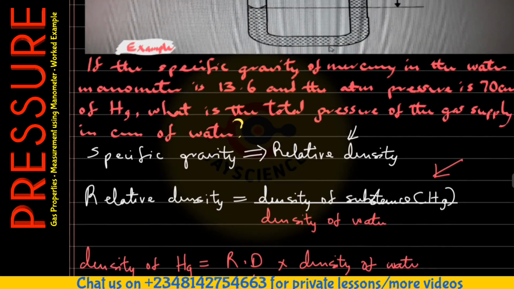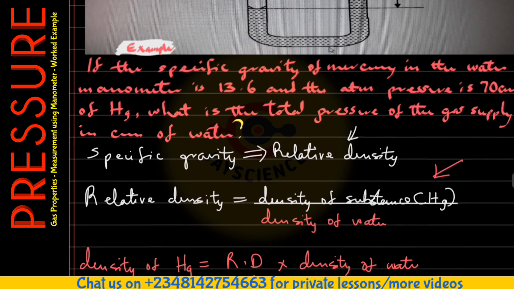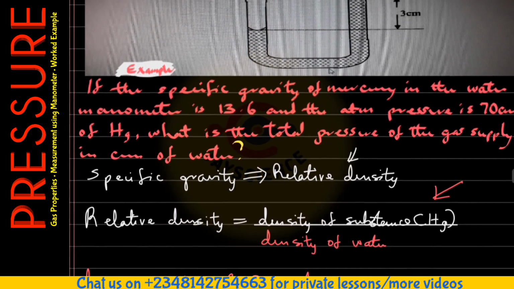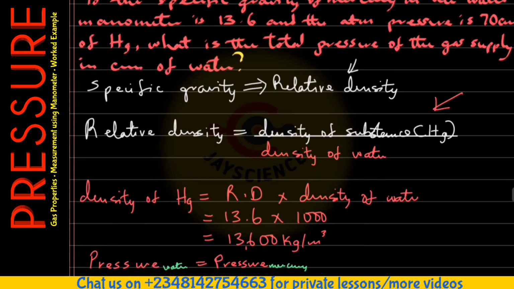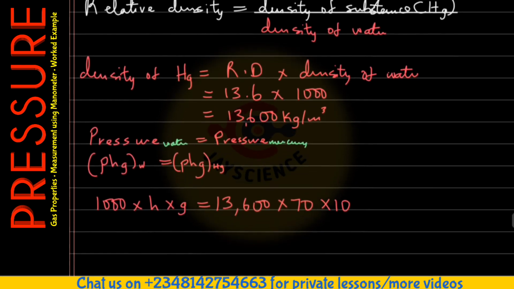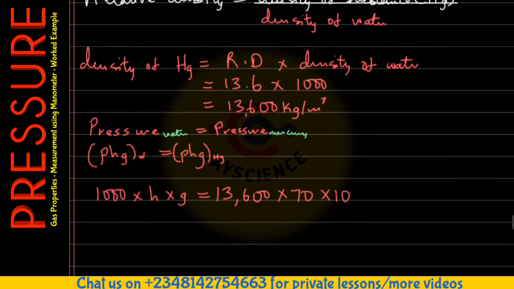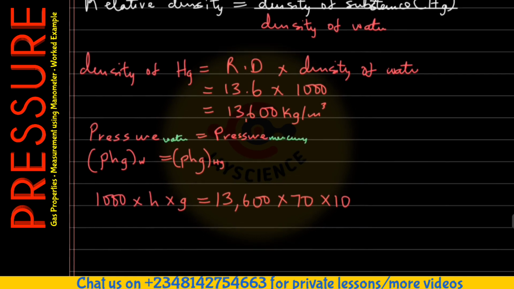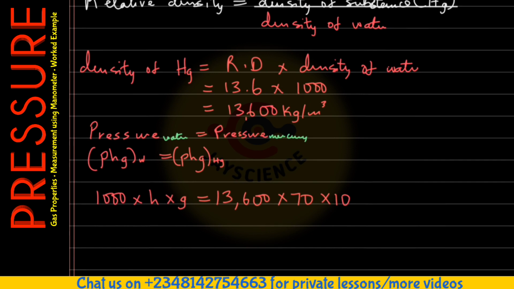The height of the mercury in the manometer is 70 centimeters, which depicts the atmospheric pressure on that end. Times 10, that's your acceleration due to gravity, and it depends on the g you're getting from the question. In solving this, we'll use 10. In some questions you might have 9.8, so check the questions very well to know the value of g you're given. So g will be 10.